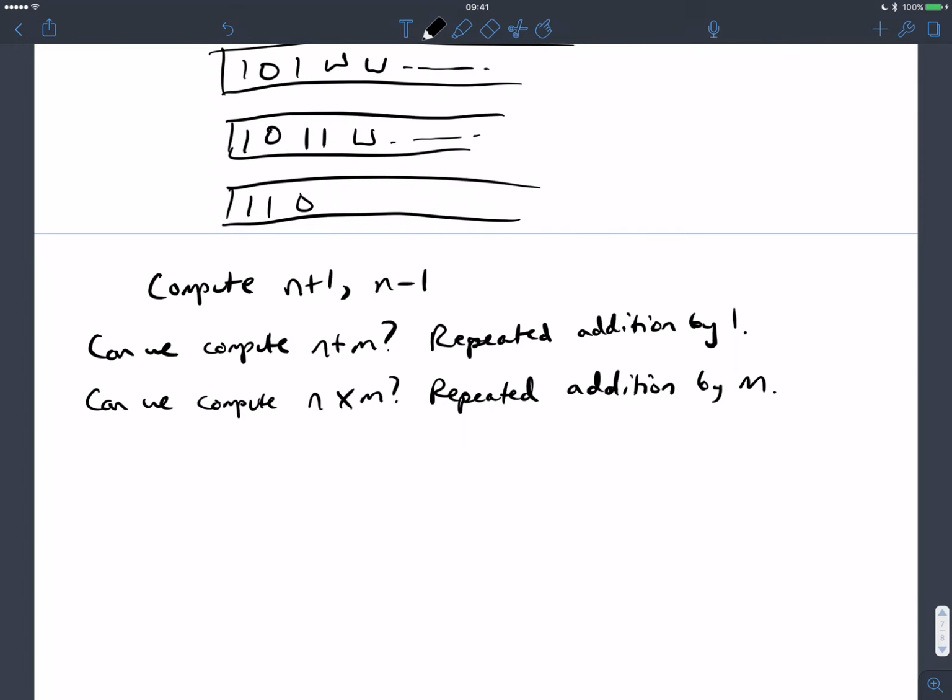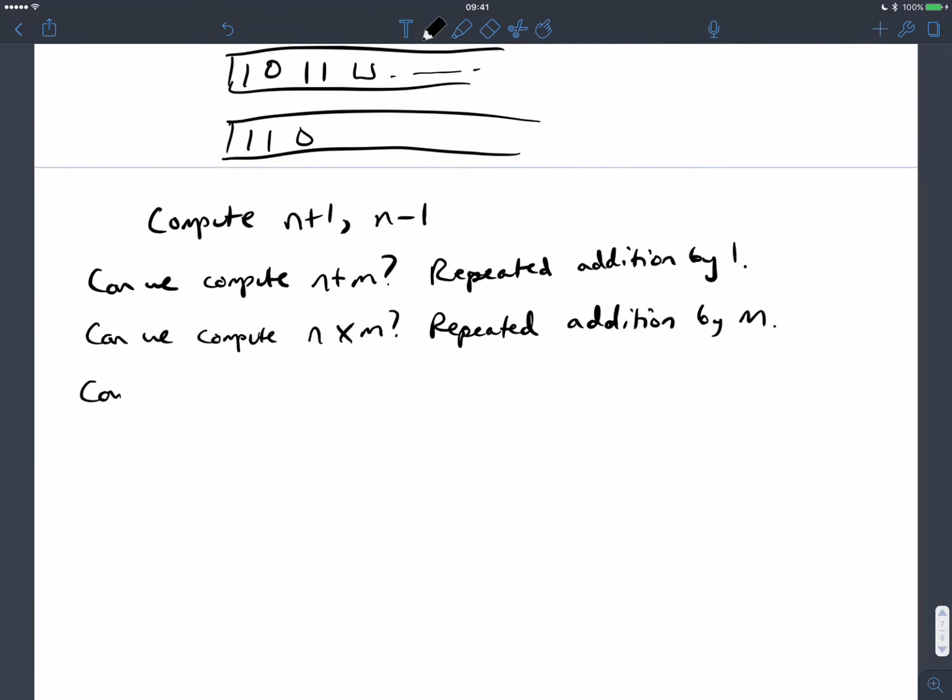So the idea of using previous Turing machines to compute a function used in a later one is an idea that's heavily used here. Can we compute n to the power m? Yeah, it's just repeated multiplication, which we already know how to do, by m.